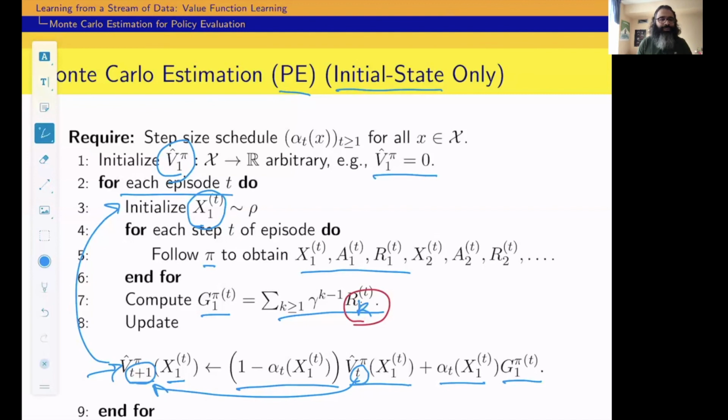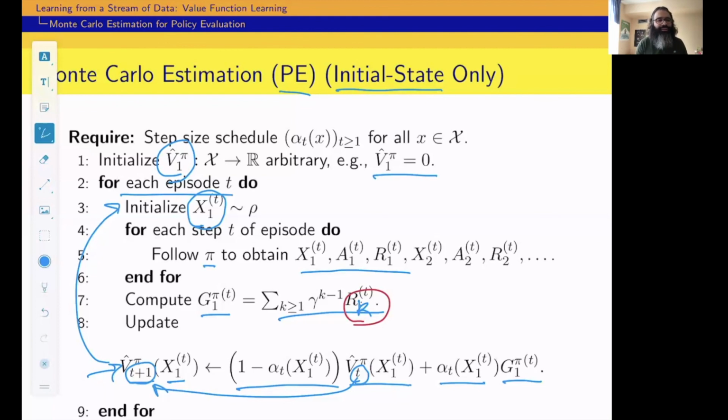So maybe I'll read the other answers. TD learning, yes, that's what you already alluded to. The other answer is that you only update the first state. And the other is that we can update for each of x, a, x prime, a prime, which I think is the same.